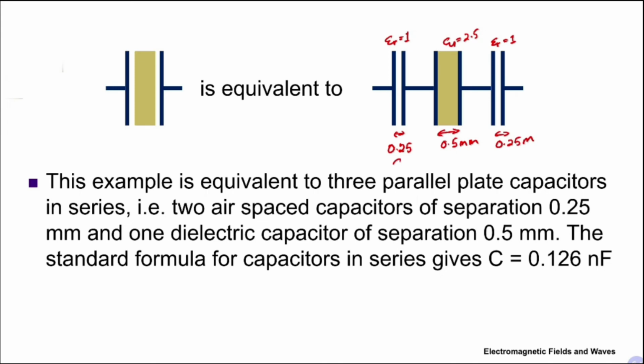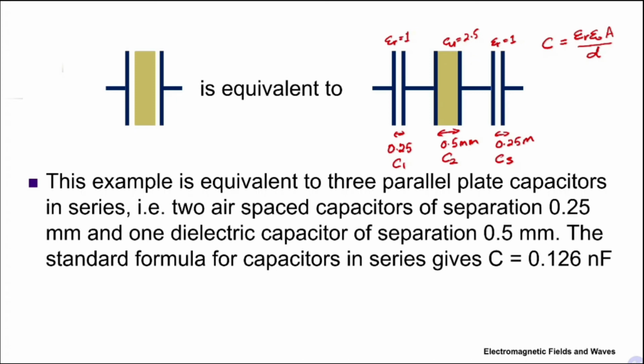So we can call this C1, C2, C3, and we can work out each capacitance. C equals epsilon r epsilon naught A over D, and D is the separation. Okay, so if you put in the values, the capacitance should work out to be 0.126 nanofarads.